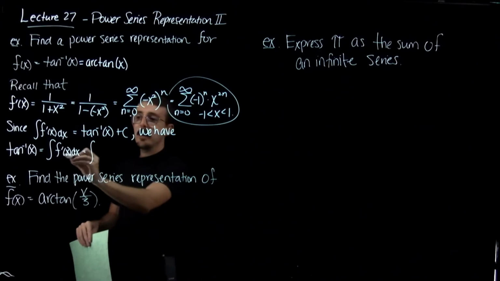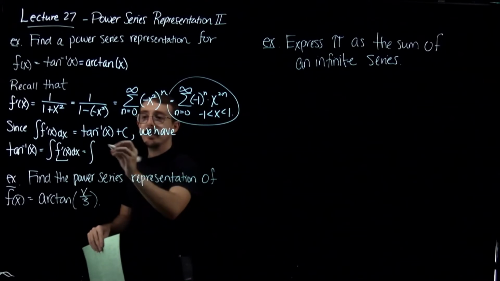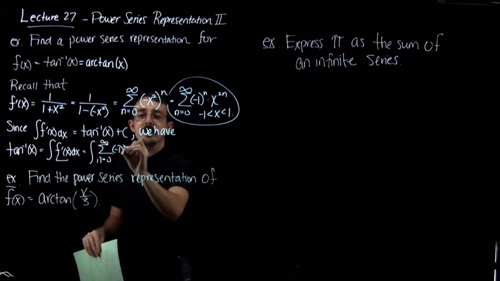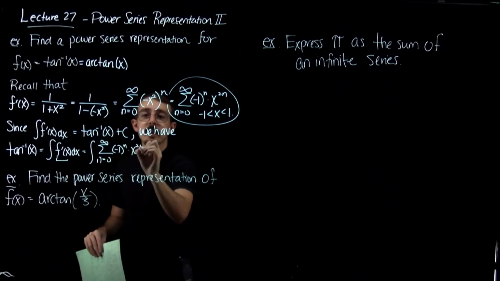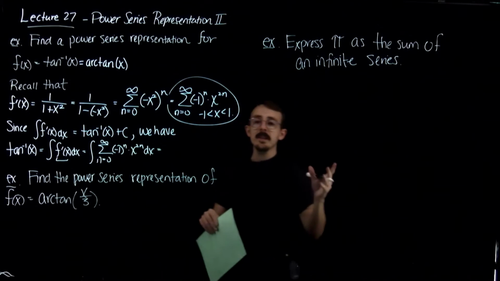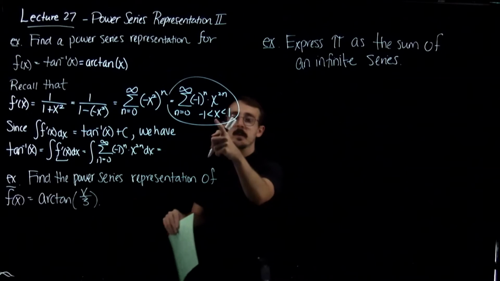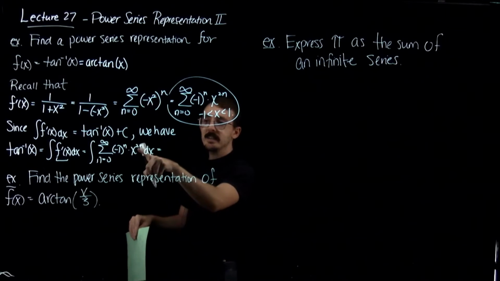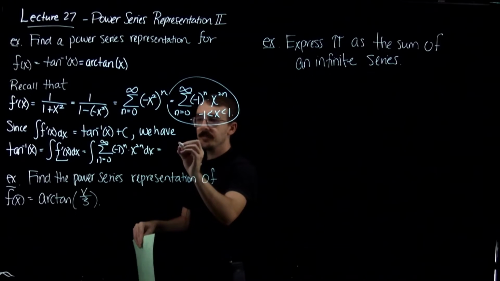So instead of f prime of x dx, I'm going to plug in the series, which is the summation n equals 0 to infinity of negative 1 to the n times x to the 2n. And we learned that you can integrate this term by term as long as you're within the interval of convergence. So to integrate this with respect to x, I increase the power by 1.